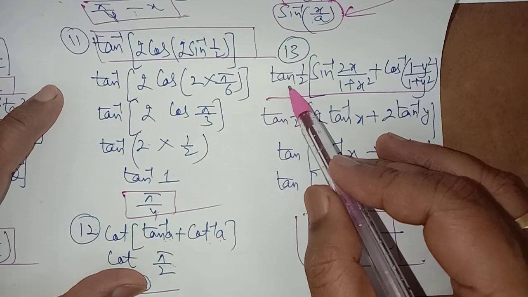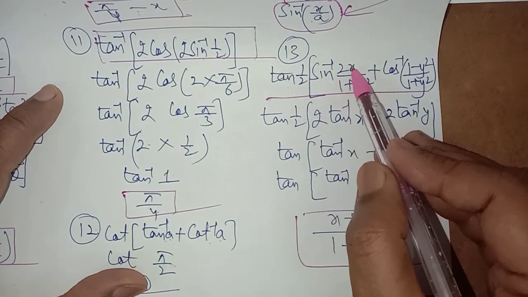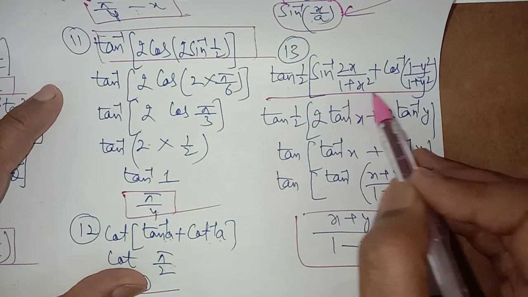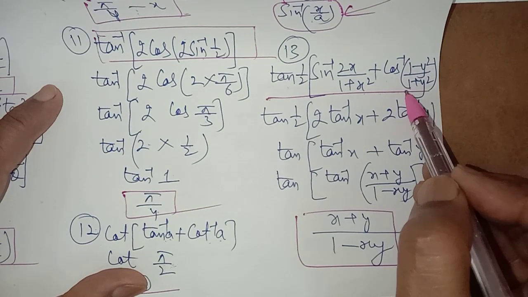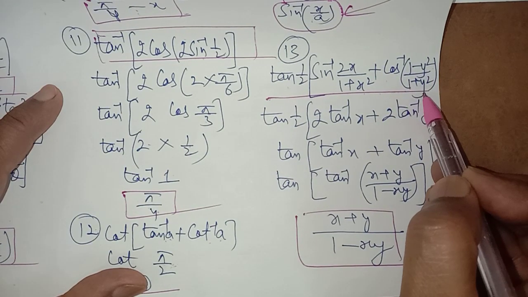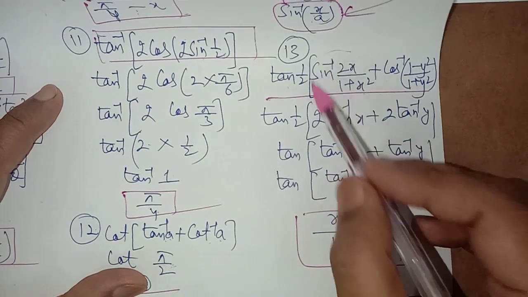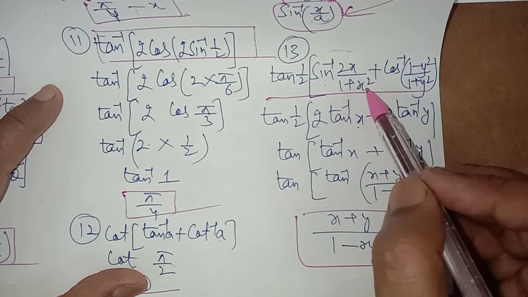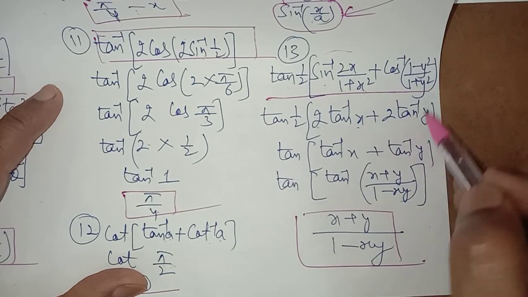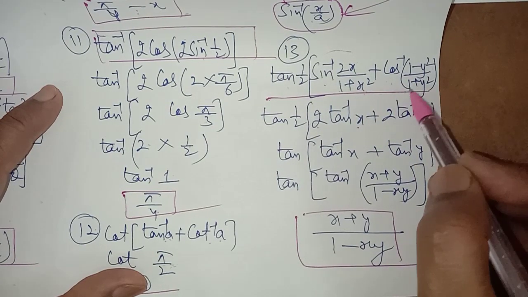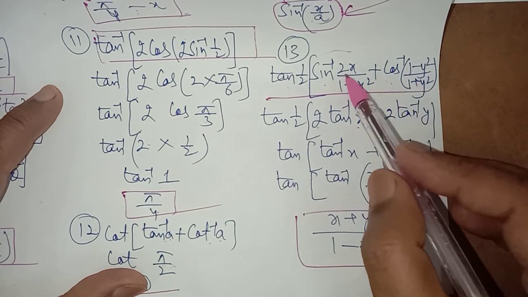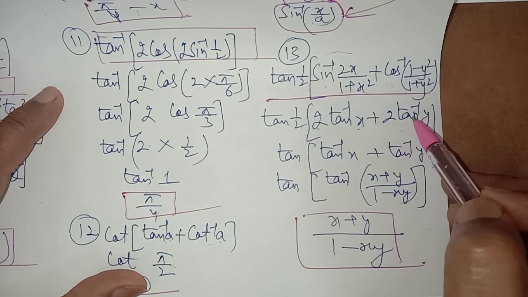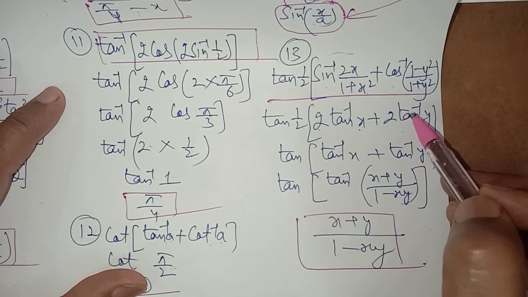Question number 13. Tan of half of sine inverse 2x upon 1 plus x square plus cos inverse 1 minus y square upon 1 plus y square. Now you know this formula that 2 tan inverse x is equal to sine inverse 2x upon 1 plus x square, and 2 tan inverse y is equal to cos inverse 1 minus y square upon 1 plus y square. These formulas we have done in the last lecture, and we have also proved them.